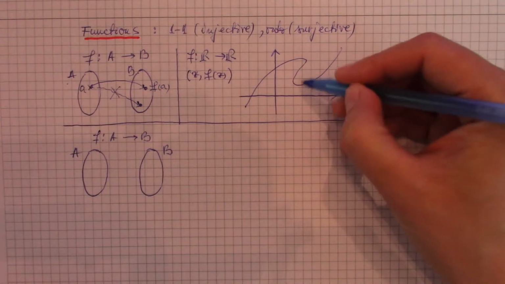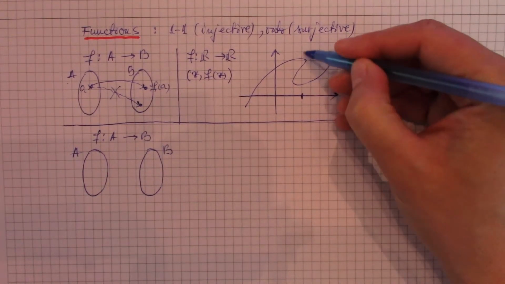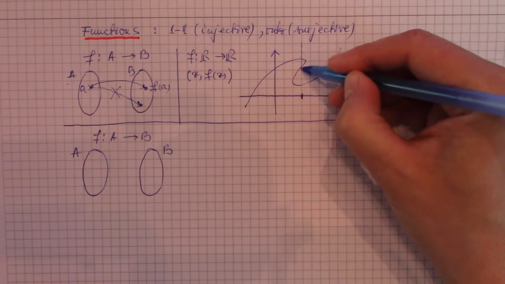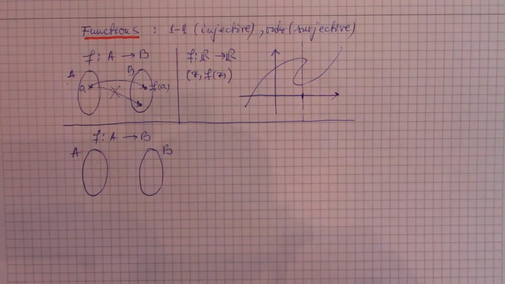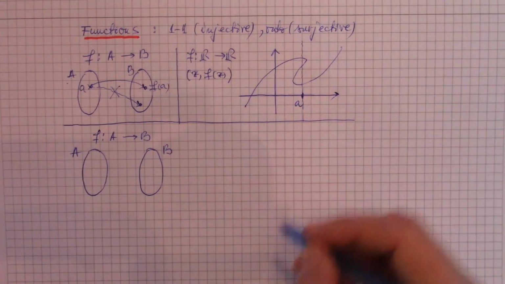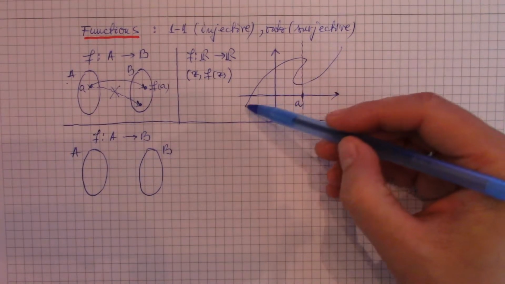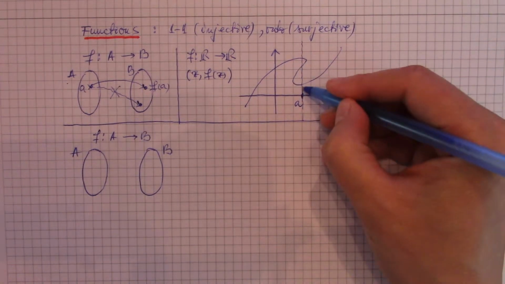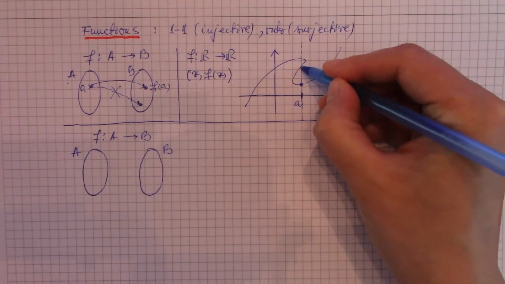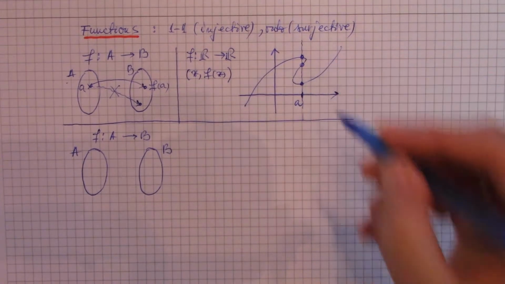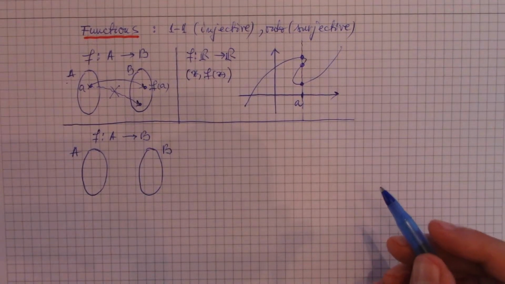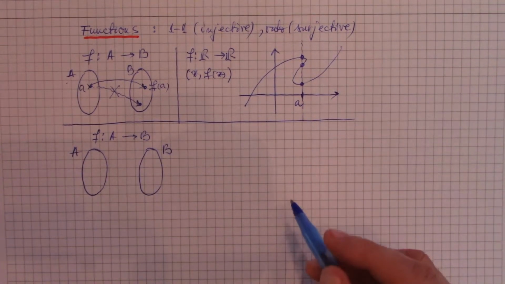I would look at this point here and draw a vertical line from this point. Let's call this point A. I would notice that this vertical line intersects the curve in 1, 2, 3 points. Actually 2 would be enough, but for the purpose of our discussion here.